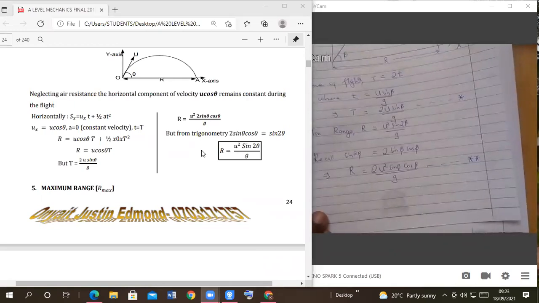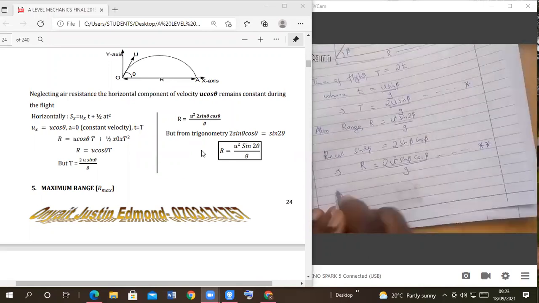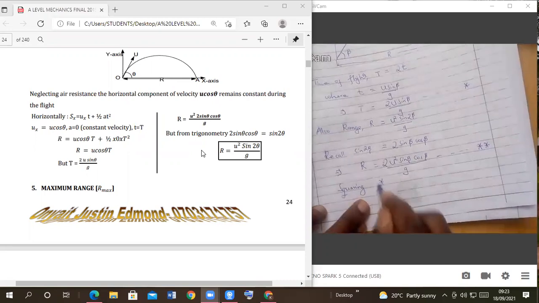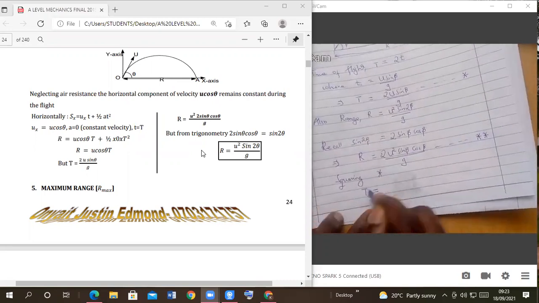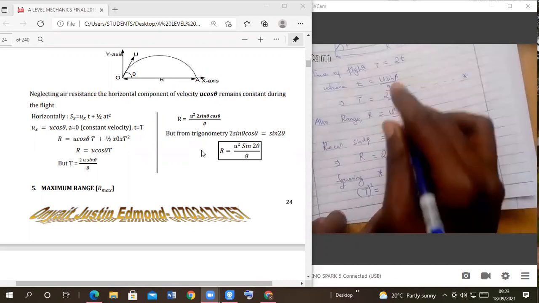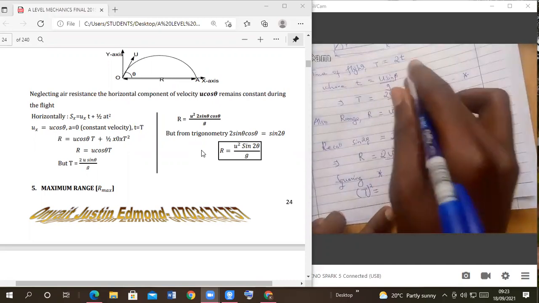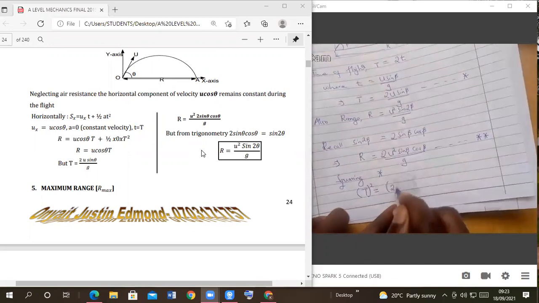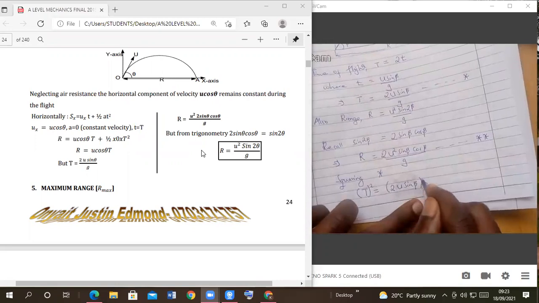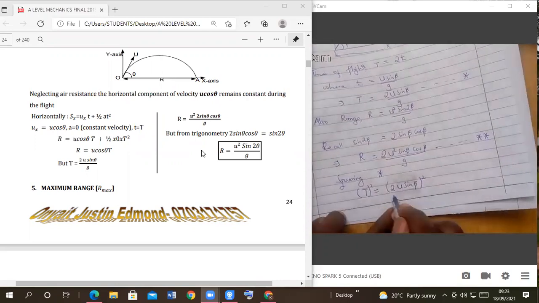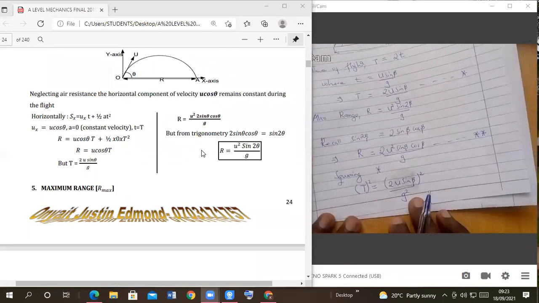So squaring star 1, we shall have t squared equals 2u sine beta, but squared, over g squared.